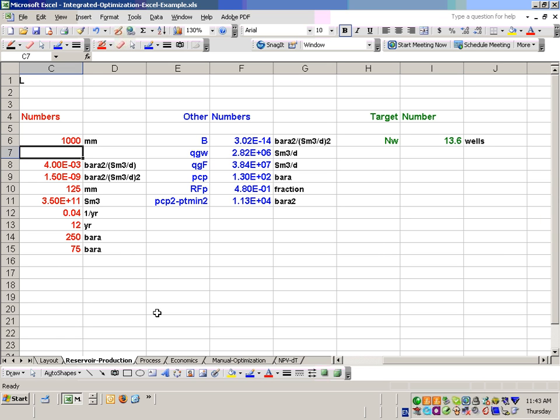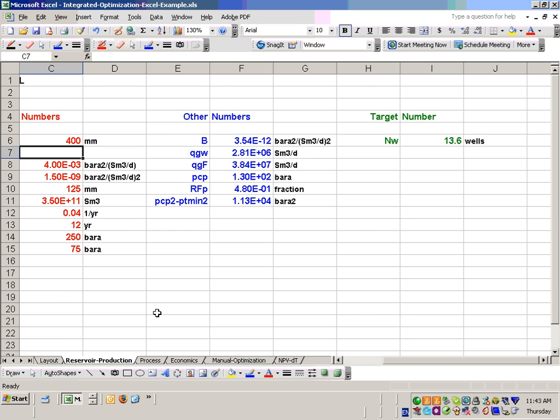That's a monster piece of tubing, right? We don't have 1 meter tubing wells. The biggest tubing in any well in the world is 13 inch. It's about this size, and that's about 0.4, so about 400. That's the biggest you can get. Well, you see it didn't change that number, 13.6. It still needed 14 wells.